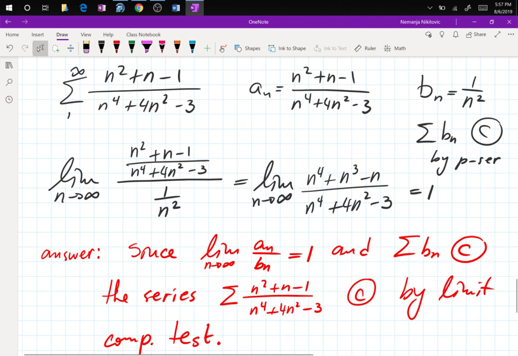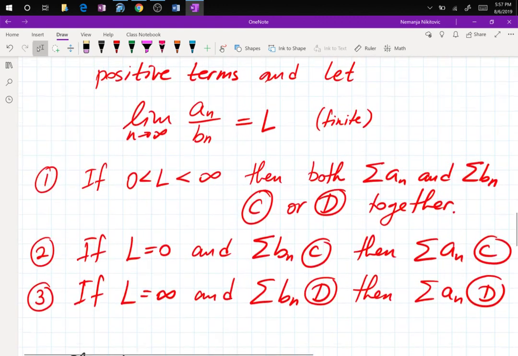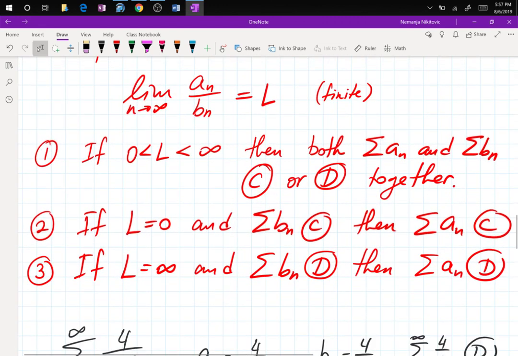Now, obviously, if you are just guessing, then sure. But if you are honestly doing these problems and you're learning the theorems and you know the chart that I gave you by heart, then you would know that one of the conditions for the limit test says that if you get a limit of 0 and the summation of bn is convergent.